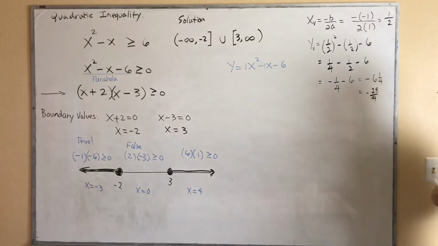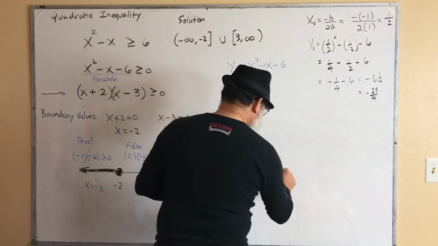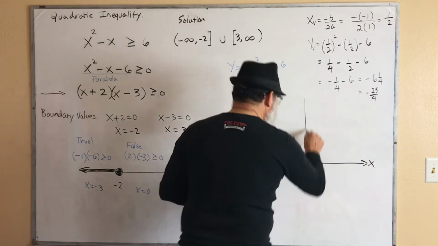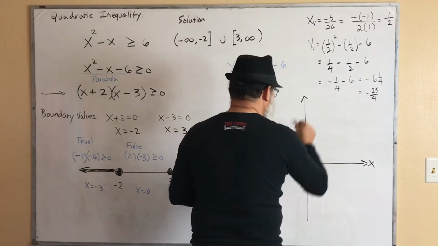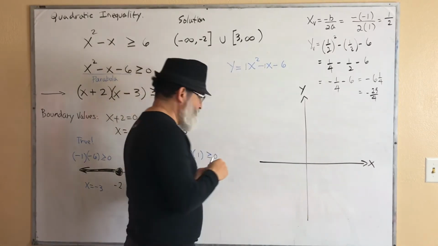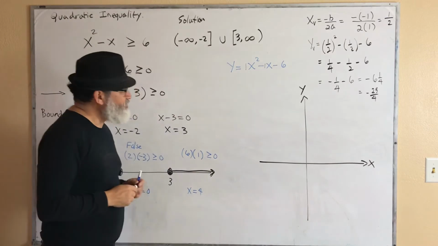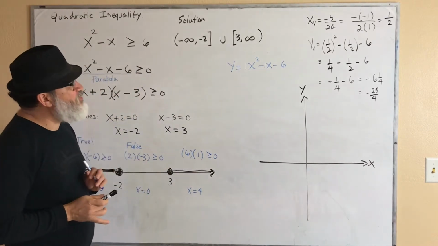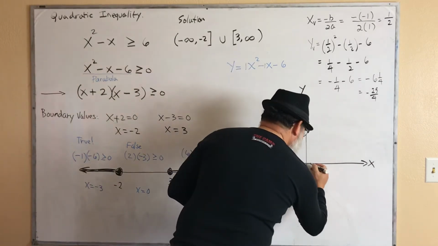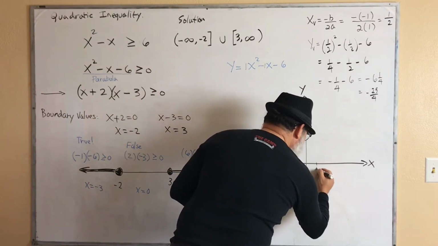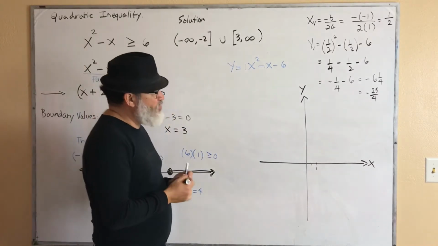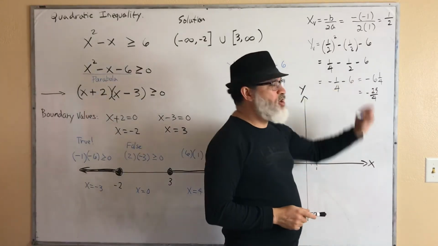Watch this. So go to the x-axis and the y-axis. The vertex for this parabola is at a half. So this is 1 and this is half. And also negative 6 1/4.